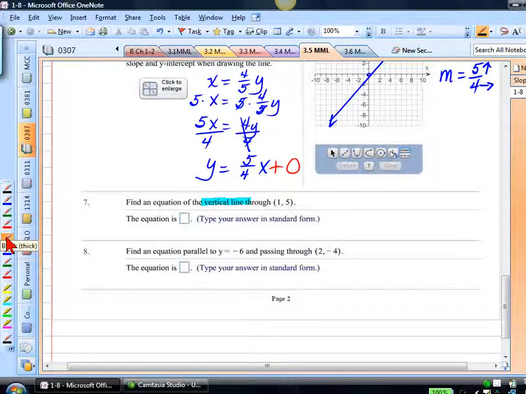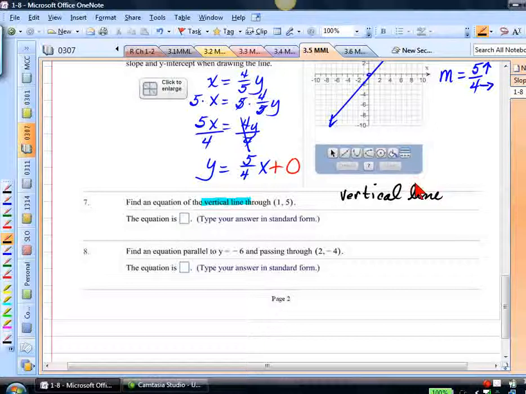Okay, I'm going to ask you to recall some things. Vertical line. Tell me everything you know about a vertical line. All right, the slope is undefined. Well, that's not really what I need. So let's think of something else.